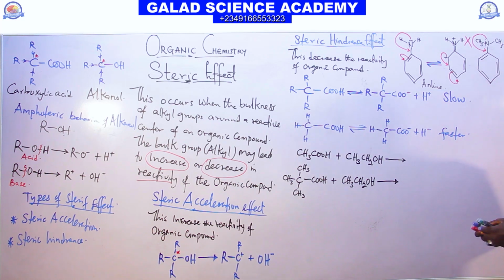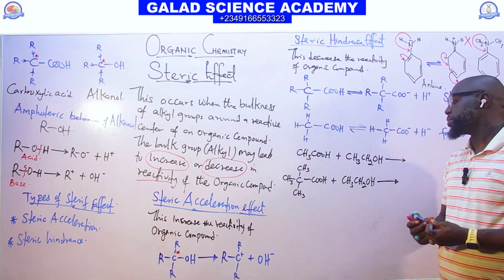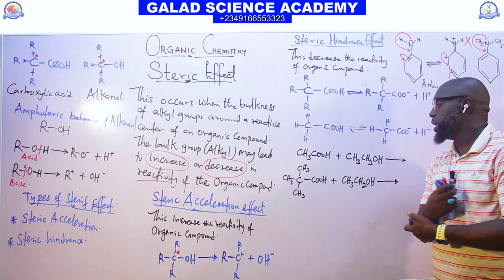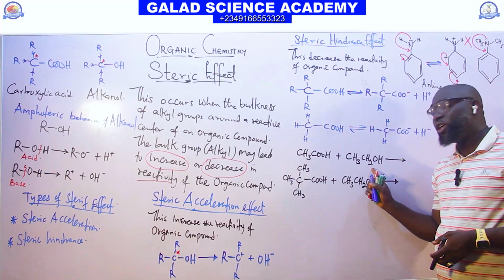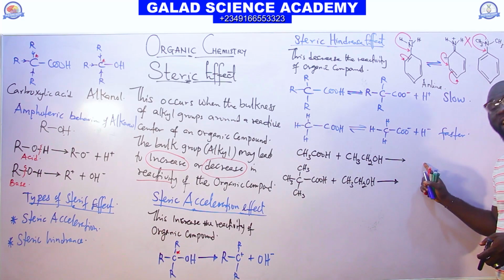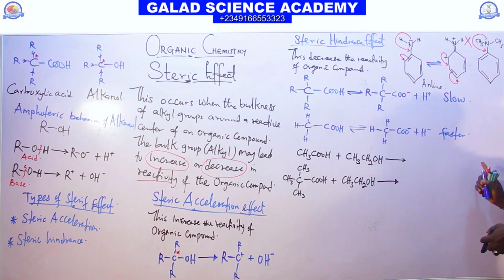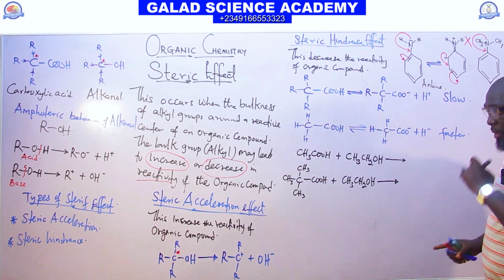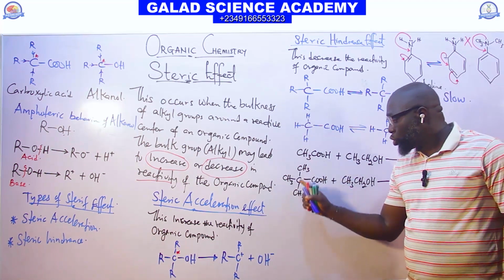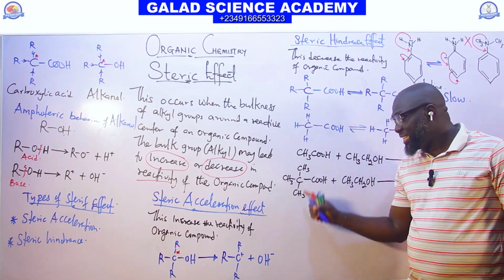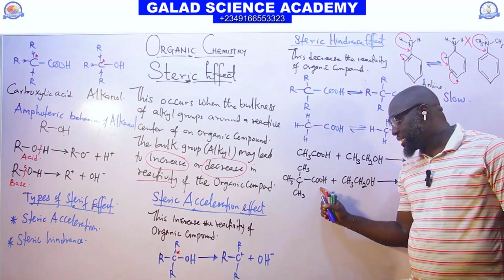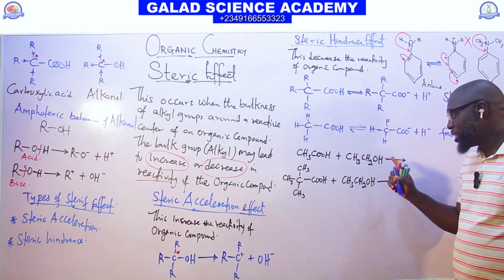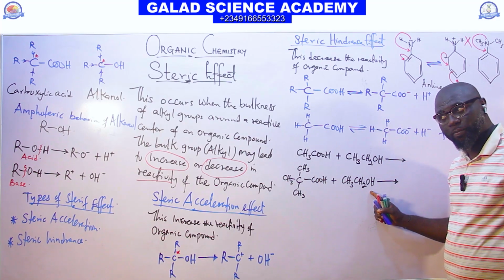The reaction of ethanoic acid and ethanol will give us ethyl ethanoate and water. And the other one, 2,2-dimethylpropanoic acid and ethanol.